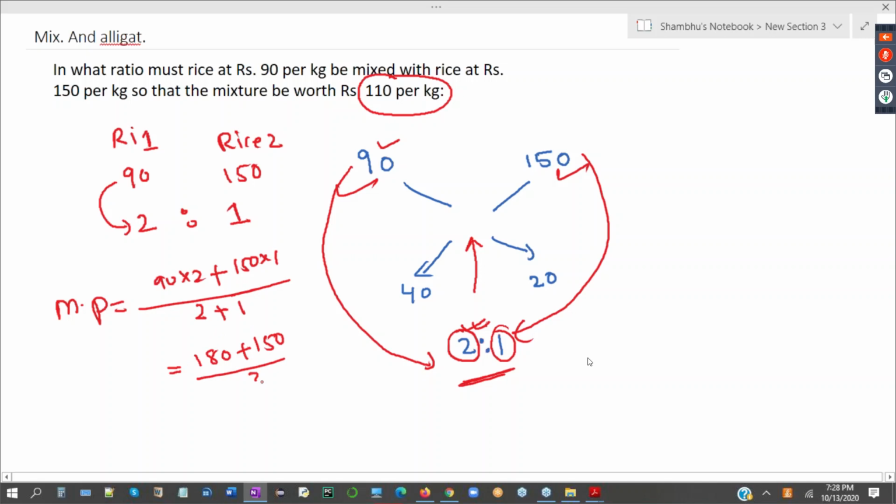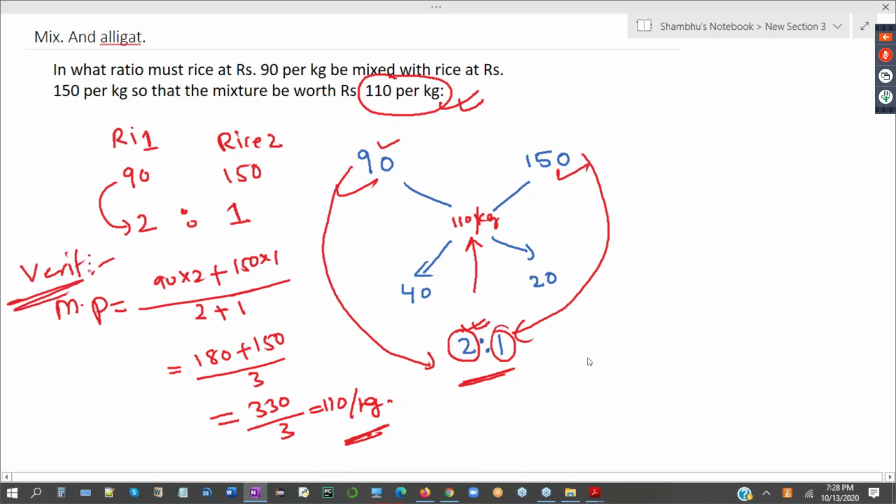So 180 plus 150 divided by 3, that is 330 divided by 3, so 110. I got a mean price of 110 per kg. So yes, that is given in the question, 110 per kg. This is verification. I verified whether what I got is correct or not. Up to this, any doubt, anyone?